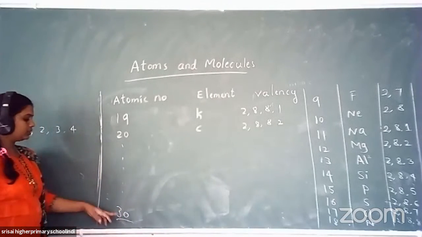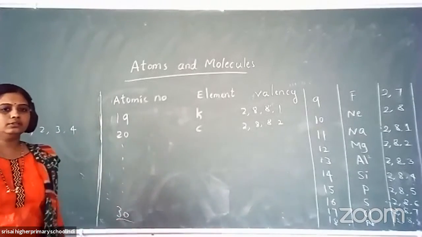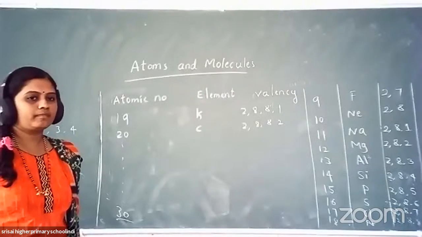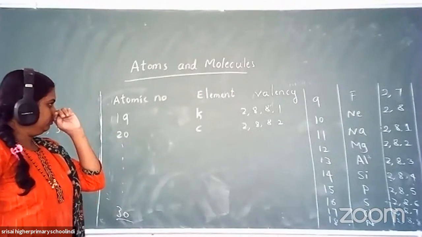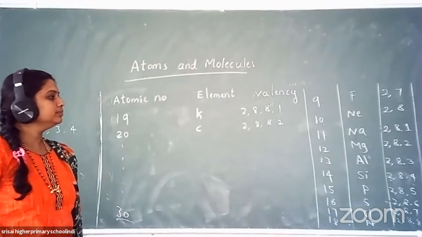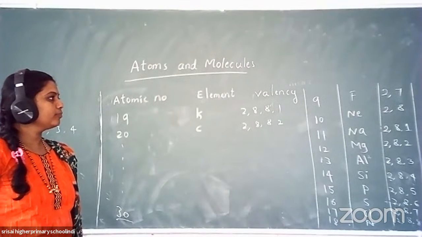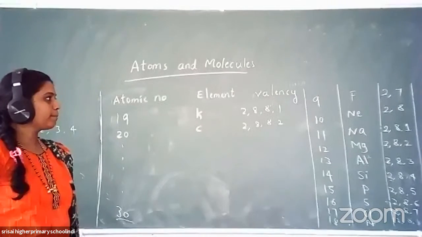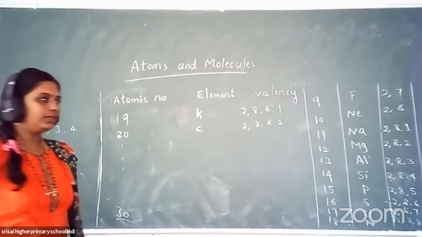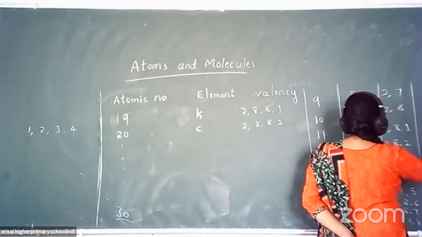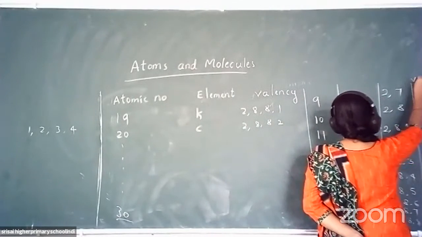What is the 30th element name? Atomic number 30. Here you leave another one column, students. Finally, you have to write the valency number. Another one column you leave.